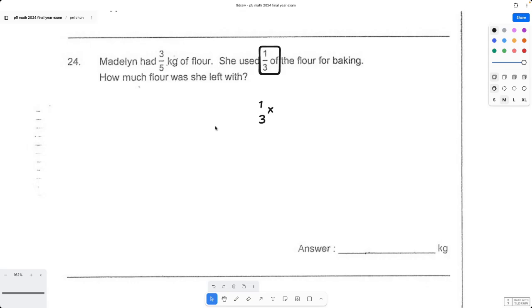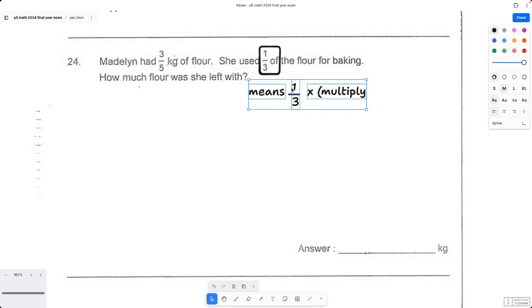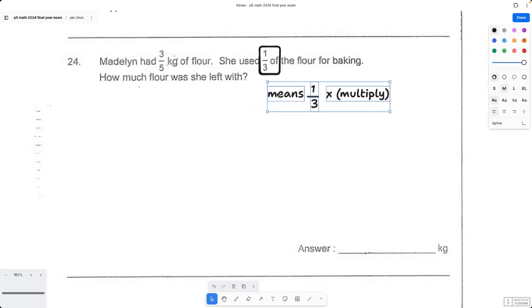I'm going to put some arrow just to put some notes here.